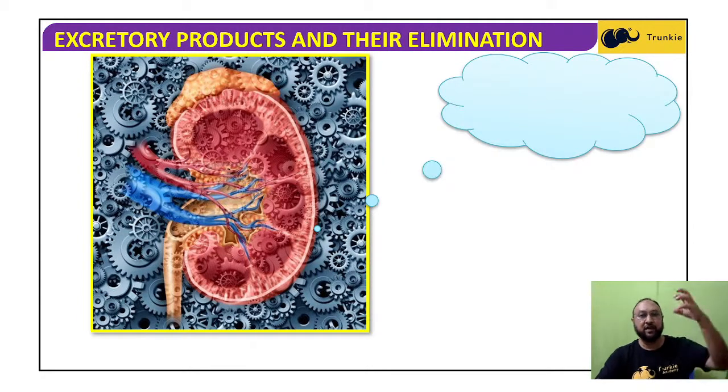The blood comes with metabolic waste, then filtration, and the filtrate goes into the nephron, then to the proximal convoluted tubule and distal convoluted tubule. Then it goes to the loop of Henle, where reabsorption of substances takes place. Then it goes to the collecting duct, then the minor calyx, major calyx, renal pelvis, and then the ureter. All these things are so well coordinated, so that's why it's shown like this.